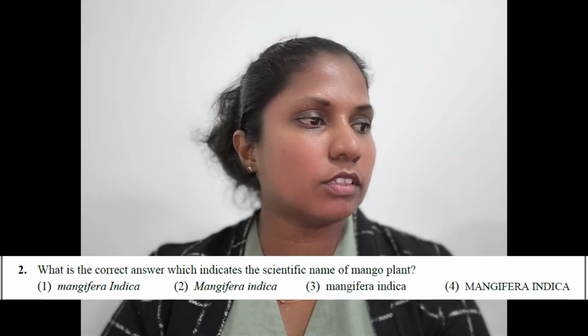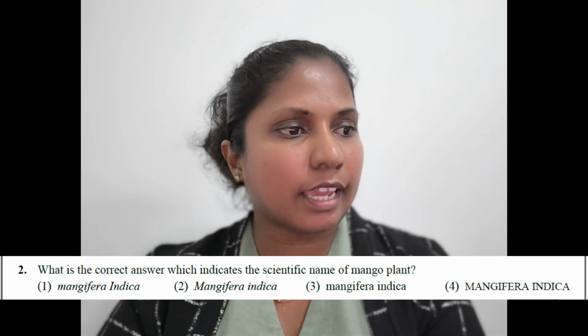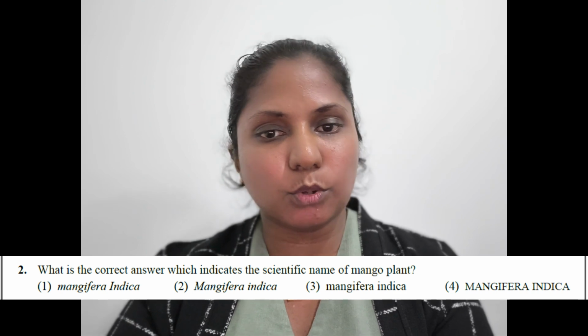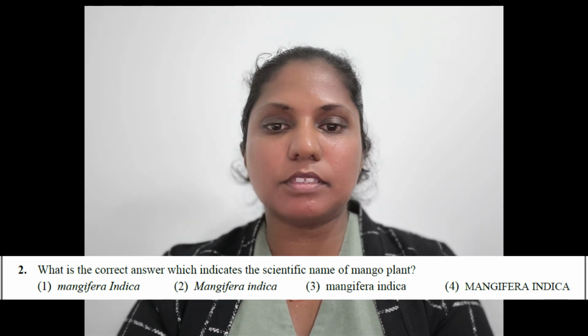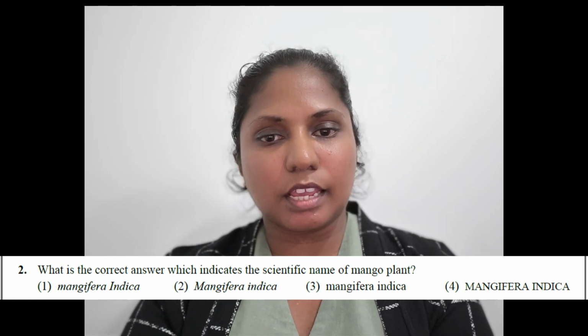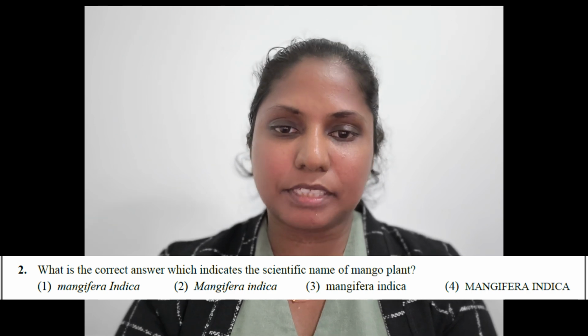Let's focus on question number 2. What is the correct answer which indicates the scientific name of mango plants? As you guys know, when we write scientific names, there are a few rules that we have to follow. The first thing is the name should start with a capital letter.